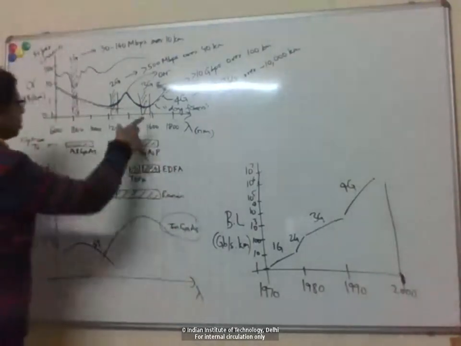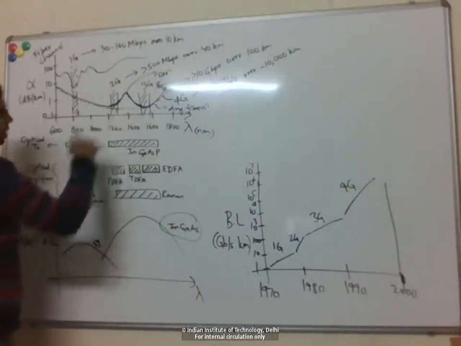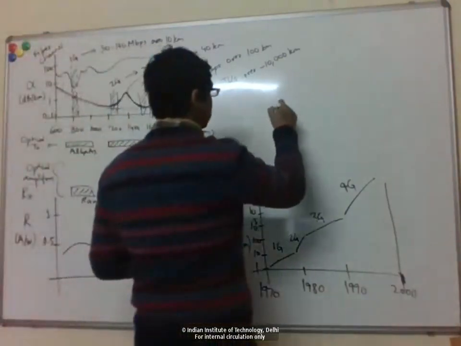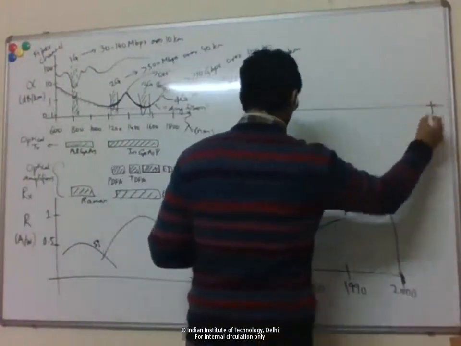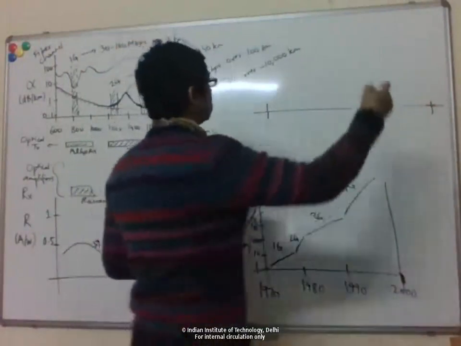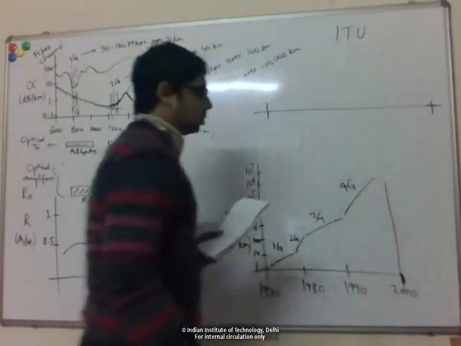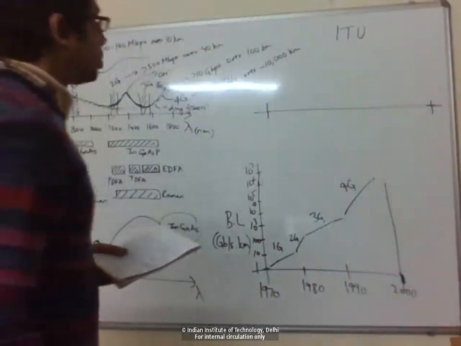Yeah, so now let's, I said, so nowadays basically we use this entire band from 1200 to 1600, right? So that range of wavelengths is divided into bands. So there is this International Telecommunication Union, ITU. Some people might have heard of.